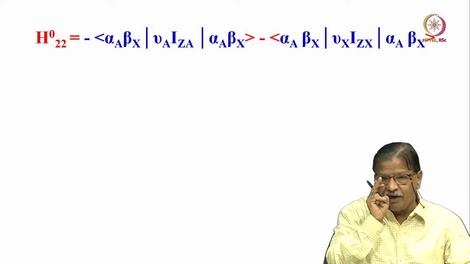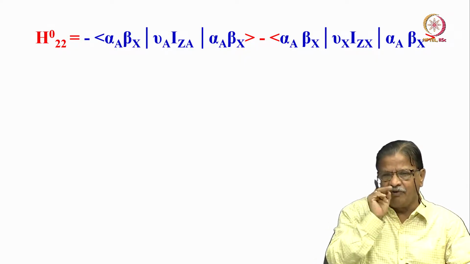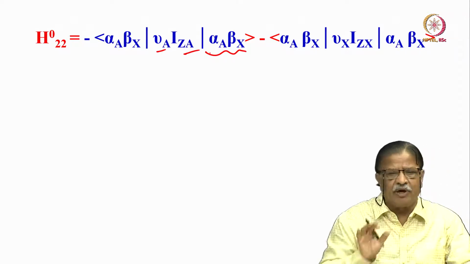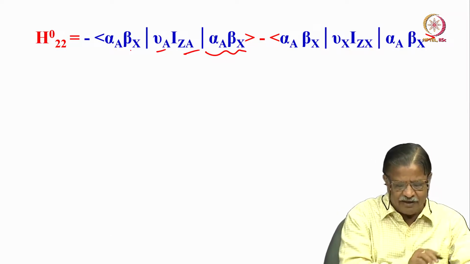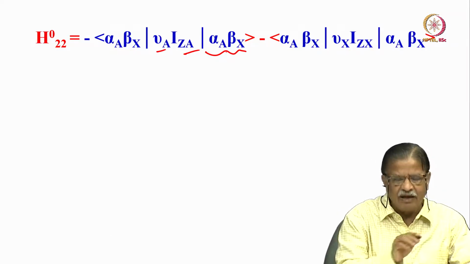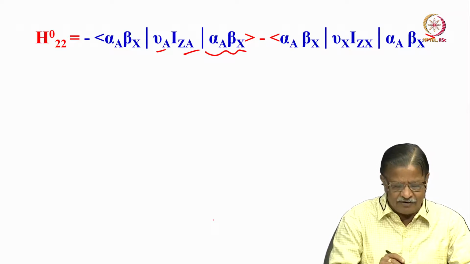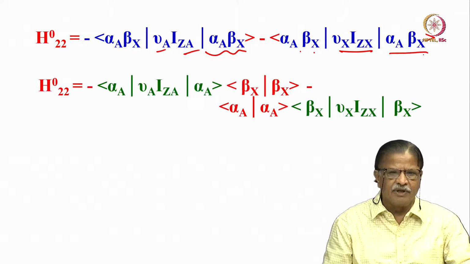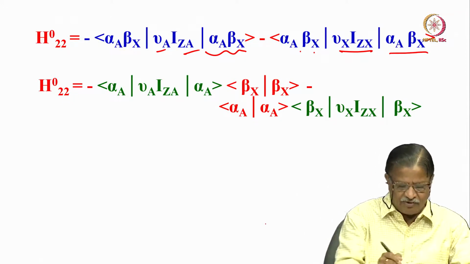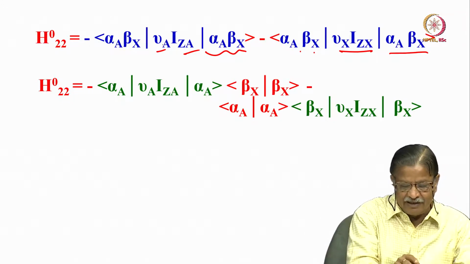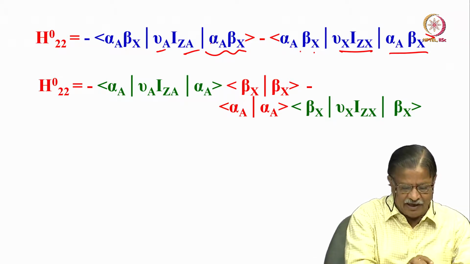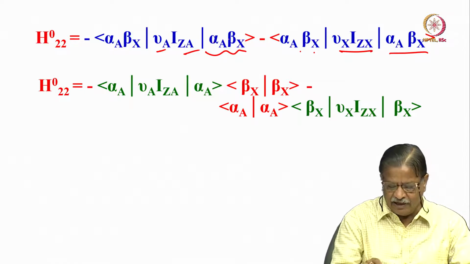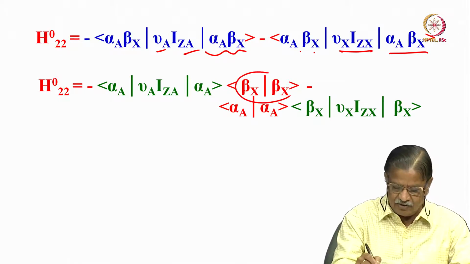H22 in this case, remember it is αβ operating on αβ here again. Now, ν_A I_ZA, again I separate out two terms: ⟨α_A β_x| ν_A I_ZA |α_A β_x⟩, again a diagonal term, and ⟨α_A β_x| ν_x I_Zx |α_A β_x⟩. Now, I again separate out these two terms. Since I am dealing with only spin A here, I am going to write ⟨α_A| ν_A I_ZA |α_A⟩ and ⟨β_x|β_x⟩, which you know is 1.